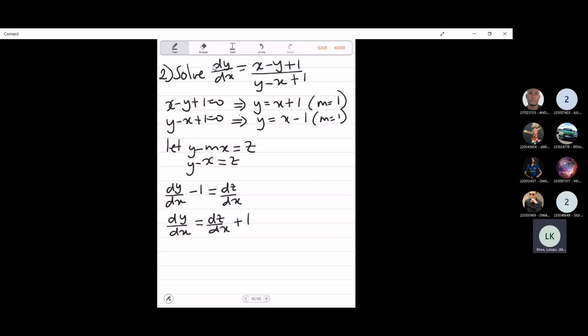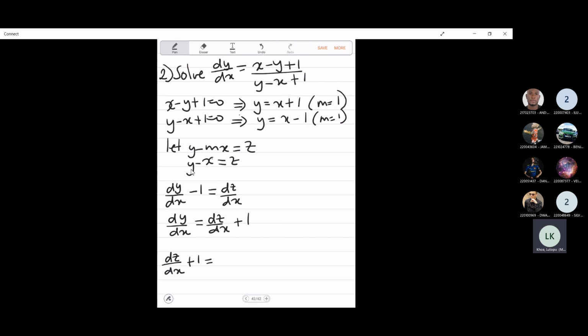Okay, and that is what we are going to substitute over here. And then we also want to replace x minus y and y minus x in terms of z. So dy/dx, this is just dz/dx plus 1. So now I'm substituting. We have dz/dx plus 1 equals, and then x minus y.